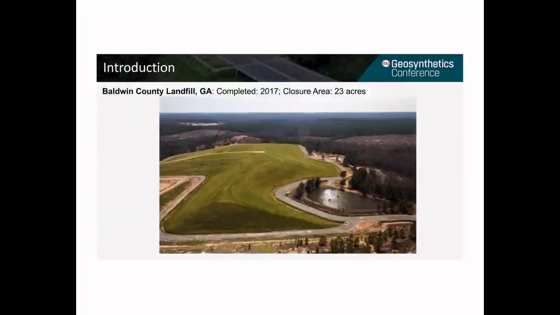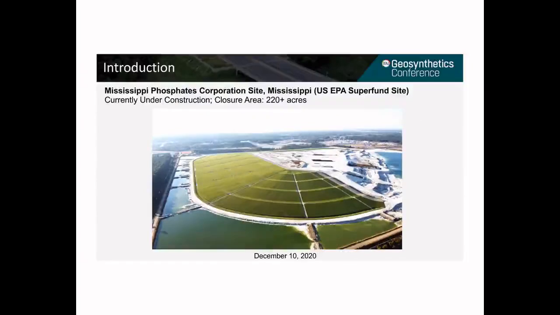Here is the aerial photo of the Baldwin County landfill in Georgia. Installation was complete in 2017 and the site is about 23 acres. Recently, the US EPA selected the engineered turf cover to close the Mississippi Phosphates Corporation Superfund site located in Pascagoula, Mississippi.